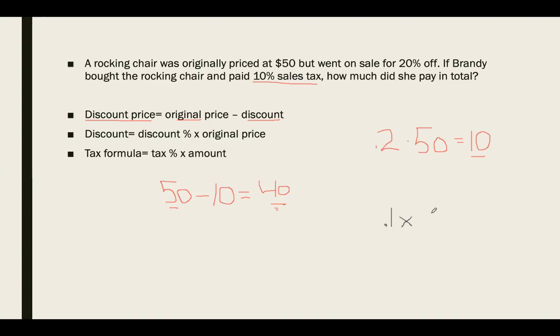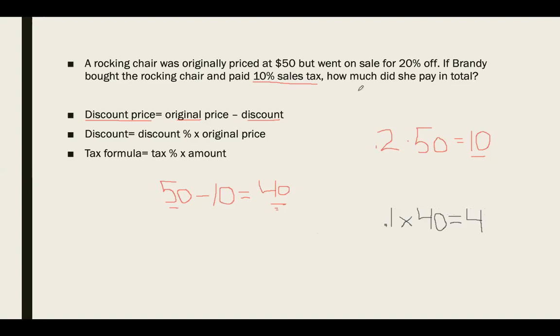So 0.1 times 40 is equal to, remember, put this back into your calculator. So 0.1 times 40 is equal to 4. And I'm only double checking these on my calculator because it's so simple to make mistakes.